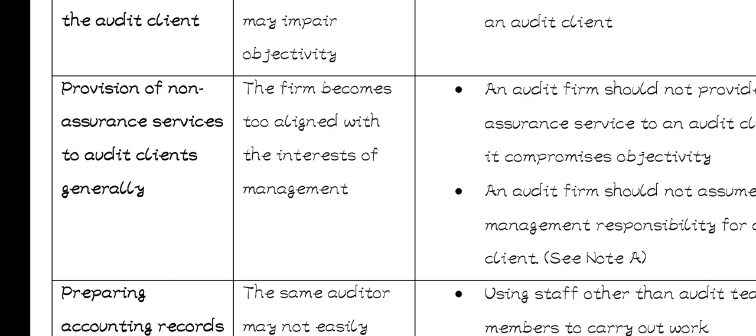So they may not give the right opinion just because they're helping them with managing their company. So provision of non-assurance services to audit clients will impair the objectivity of the auditor.